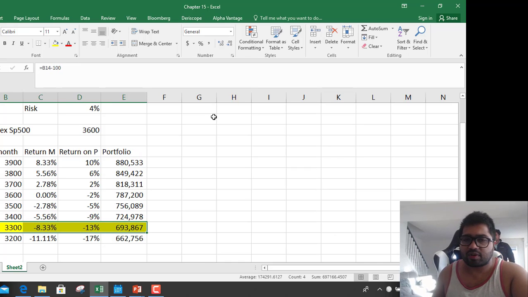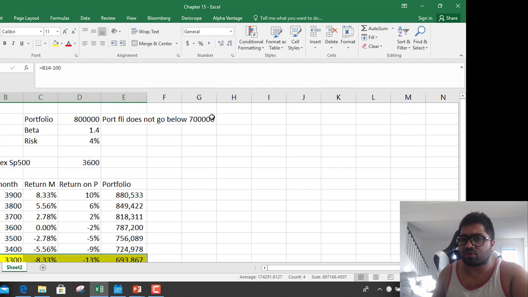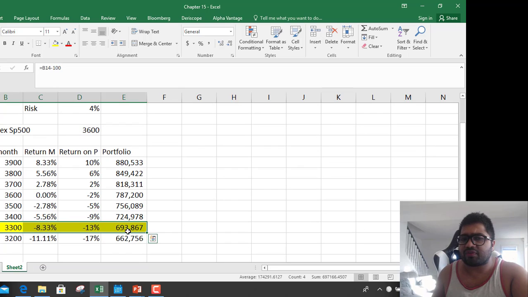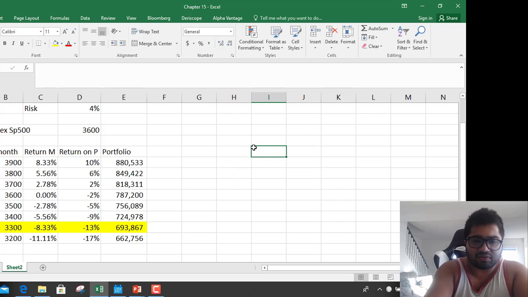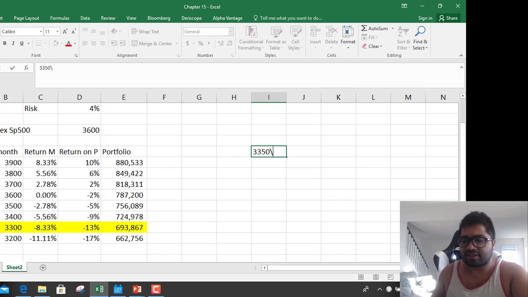Because you don't want to go below 700,000, you would choose between 724 and 693. So if, let's say, a strike price of 3350 is available, something in between 3400 and 3300, you would ideally choose that.